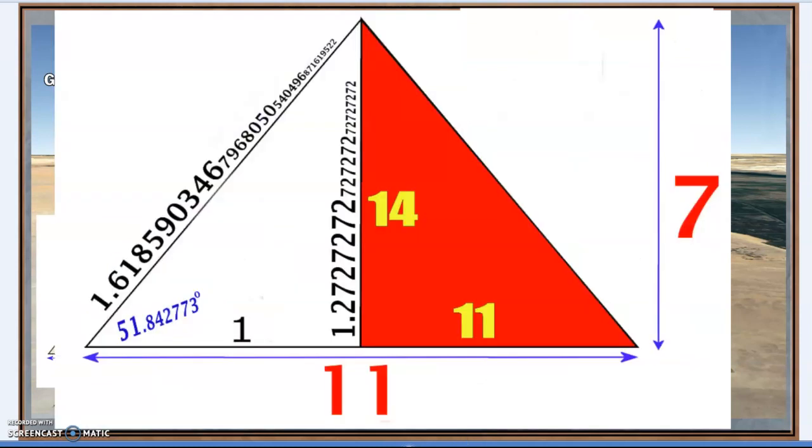Now 7 to 11: if the half base is 1, then the height is 1.272727, and the slope is 1.61859, giving us an angle of 51.84277 degrees.